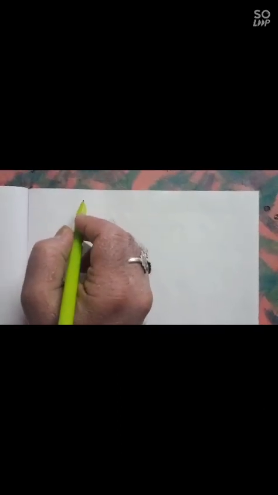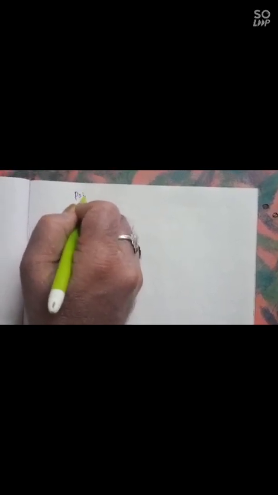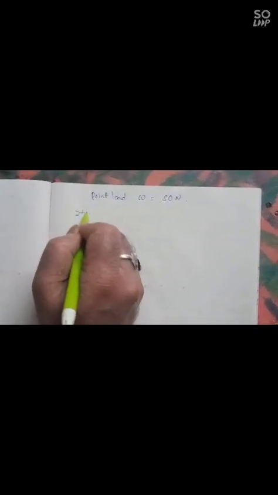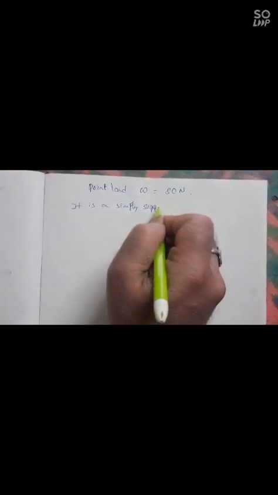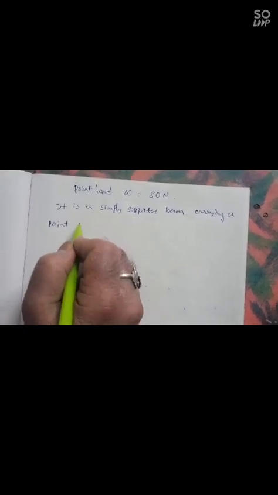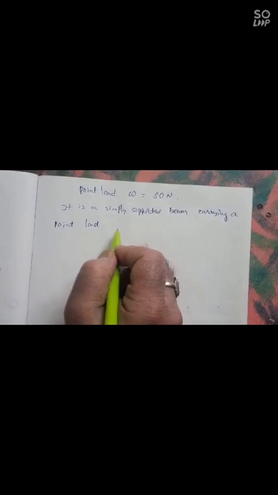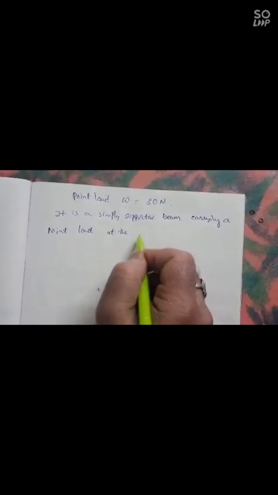Next, point load W, which is equal to 80 newtons. So it is a simply supported beam carrying a point load at the center.